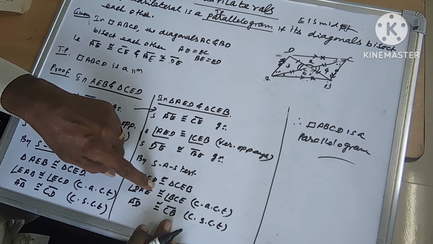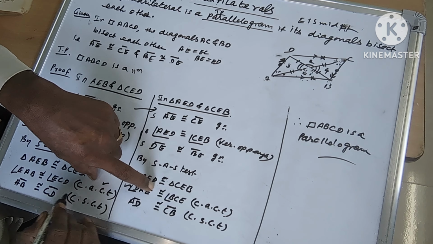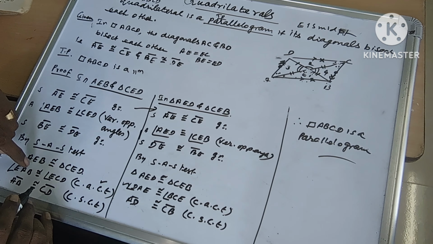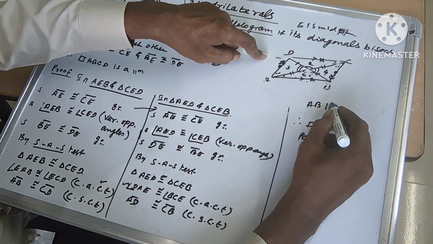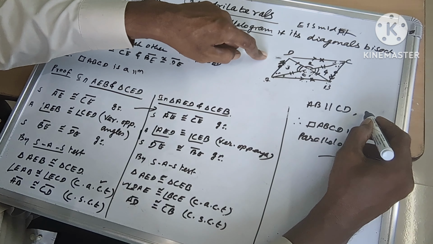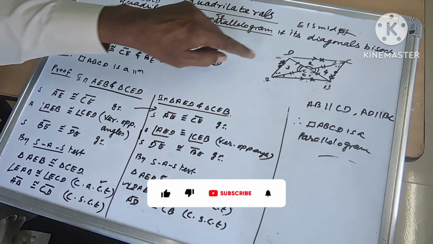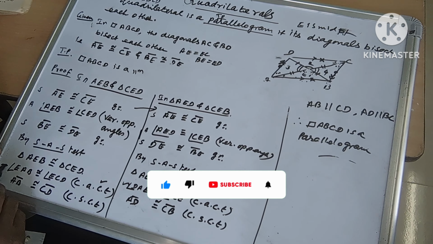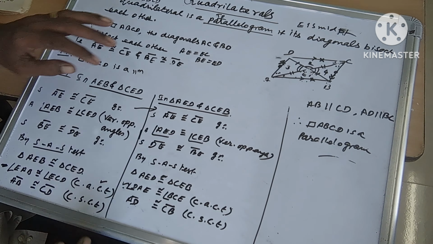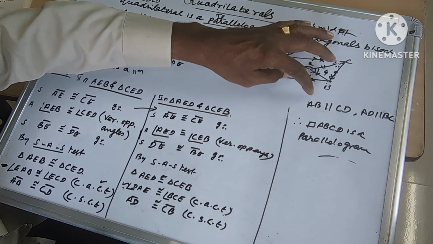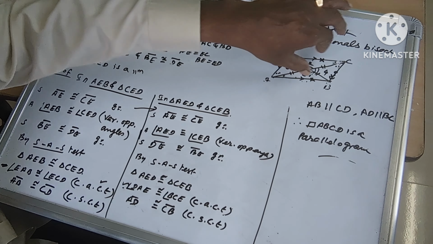Since these angles are congruent, we say AB is parallel to CD and AD is parallel to BC, because this is a pair of alternate angles, and a pair of alternate angles being congruent means the sides are parallel.